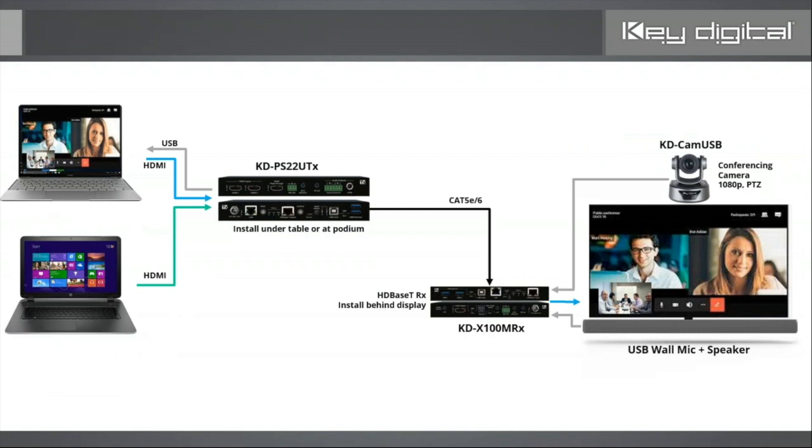So here's the PS22 UTX, brand new product, as I mentioned, and of course, you can install it with the presentation switcher, or you can install it direct to the X100MRX. It is sold independently. You have your two HDMIs, and the presenter just connects the HDMI plus the USB cable.